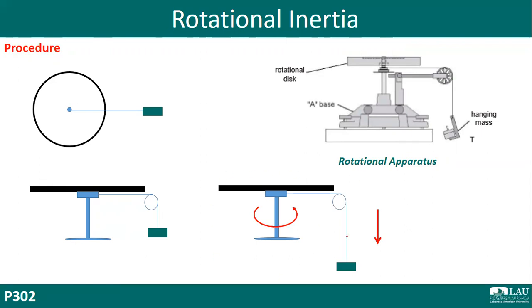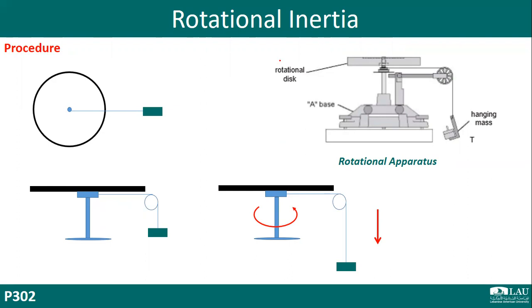As you can see, we start by winding, so by turning clockwise, then we will release the platform. It will go down, so the hanging mass will move down. At this time, we are going to record a VT graph using this photo gate.